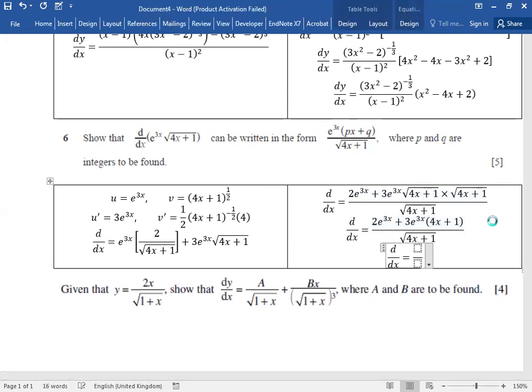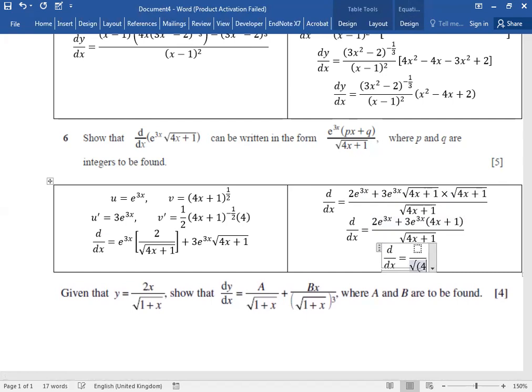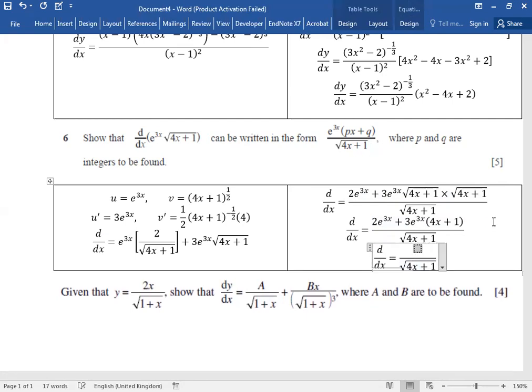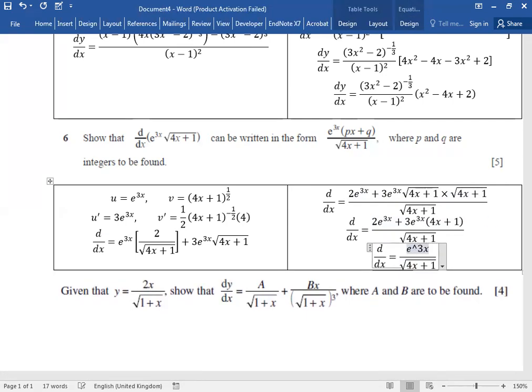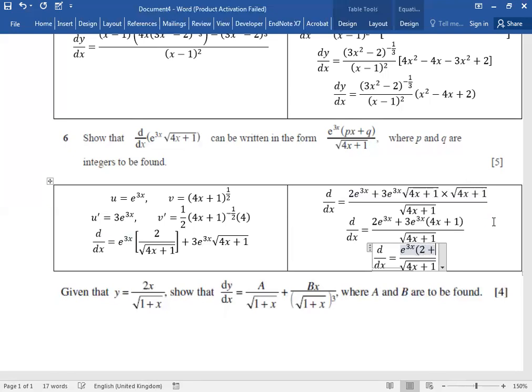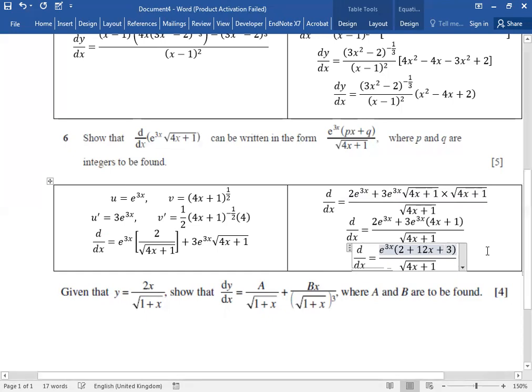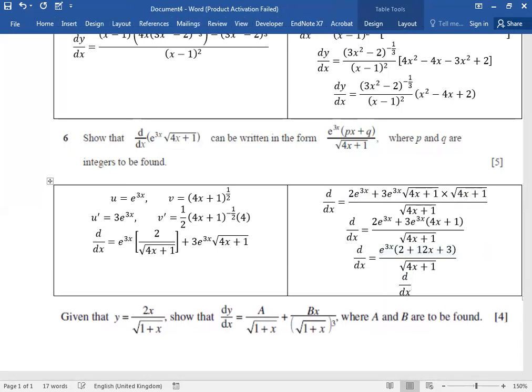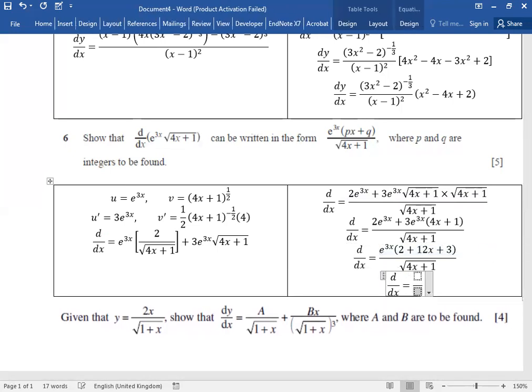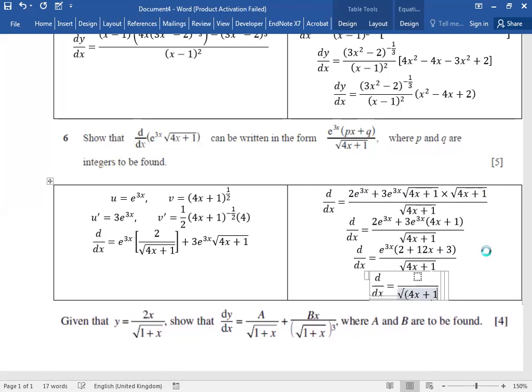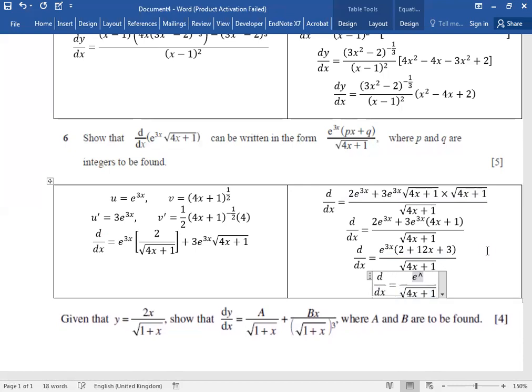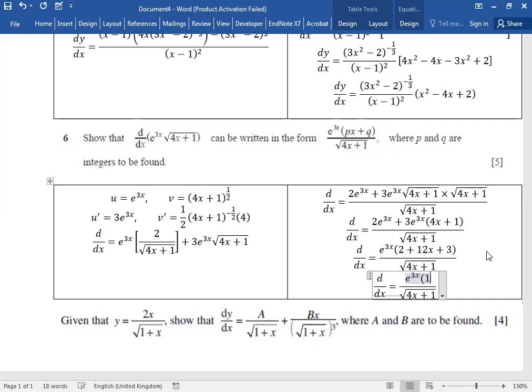Now I'll just take e to the power 3x common and I'm left with 2 plus 3 4s are 12x plus 3. Is this clear?